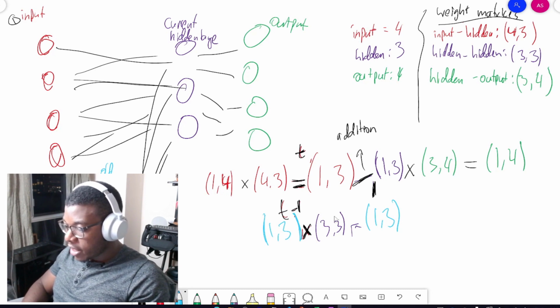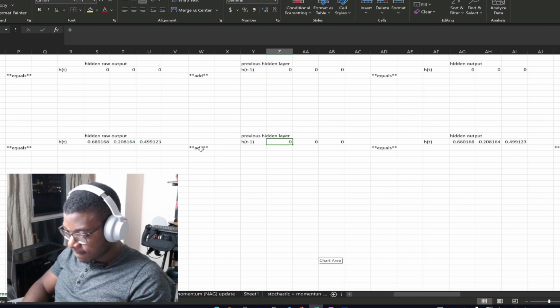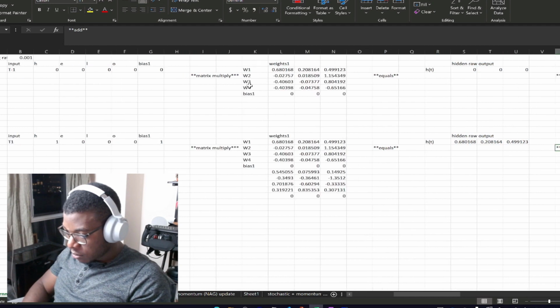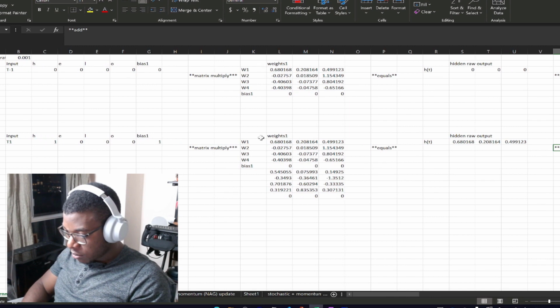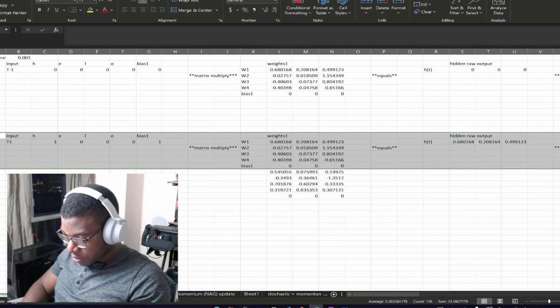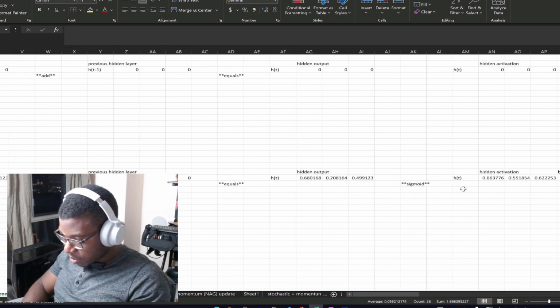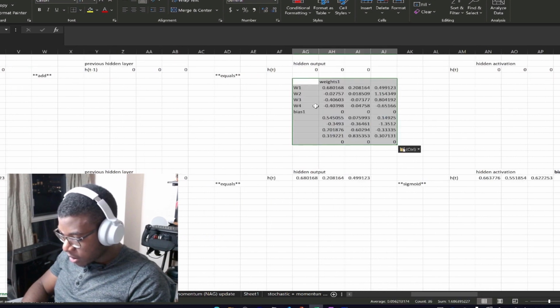We need to multiply by a 3x3 matrix. Gotcha. That's the little piece that was confusing me for a little bit.